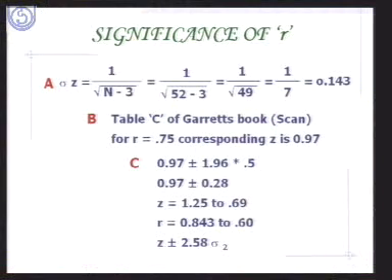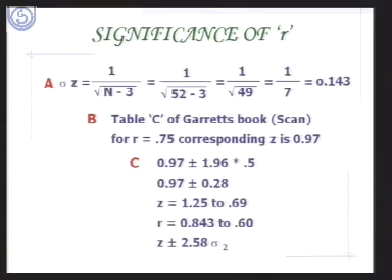From that very table, we find out whether this particular coefficient of correlation is significant or not. So we will calculate Z, for example, for the 0.05 level of significance, which means the possibility of this being right is 95%.